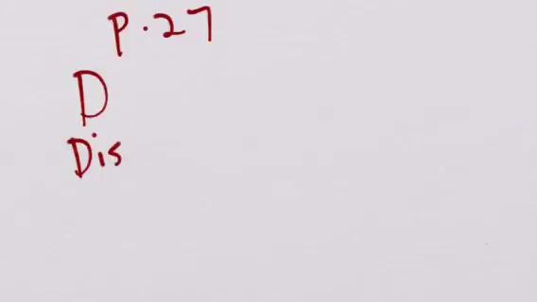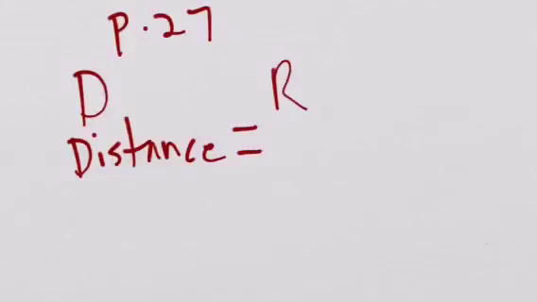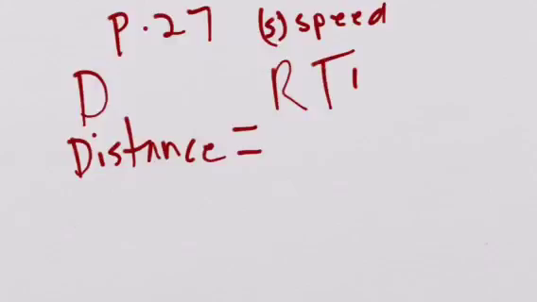Okay, I just want you to take a look on page 27 in your books where it has the distance, speed, and time. So the D is distance equals R, which I don't know why it's an R, it should be an S for speed. And T is time.